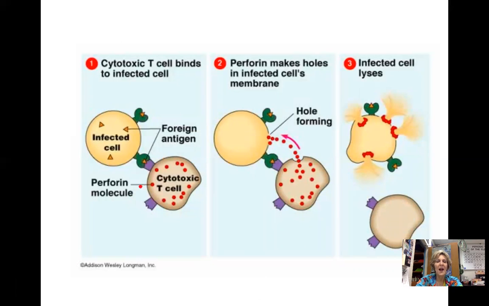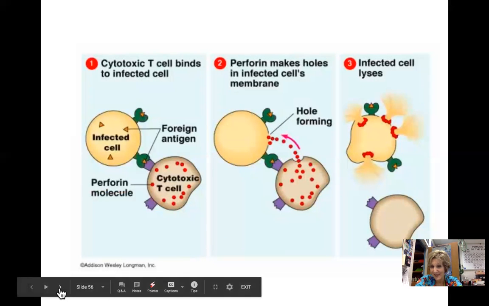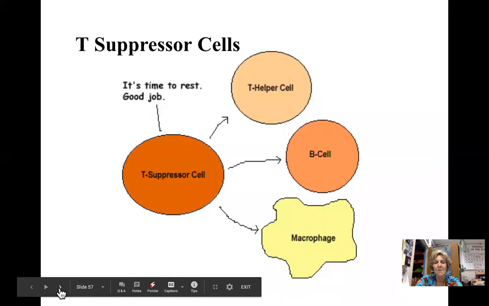So here we have this perforin molecule. Once the cytotoxic T cell docks with the infected cell, and it knows it because it's got this CD8 receptor that bonds to this antigen presenting cell, it releases the perforin. The perforin causes holes in the infected cell's membrane, and then that infected cell lyses and dies.